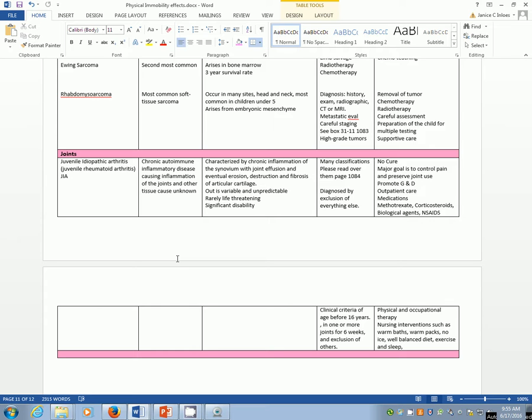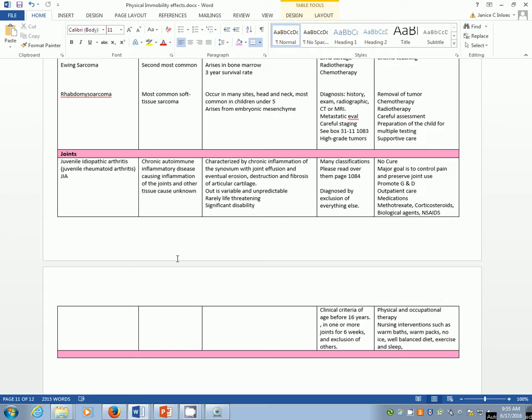The only way that it's a different type of arthritis is when it's that septic one that's caused by bacteria, and the bacterial arthritis can be cured by taking care of the infection, whereas the JIA is not. We have no cure for it.